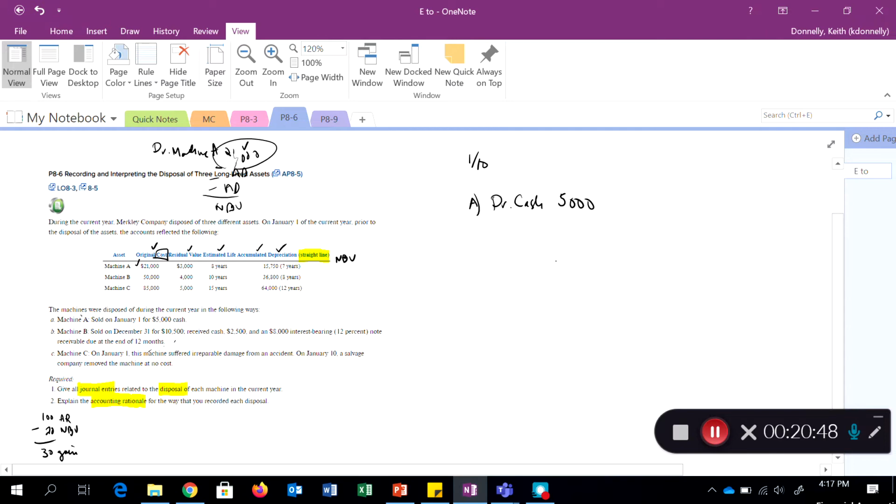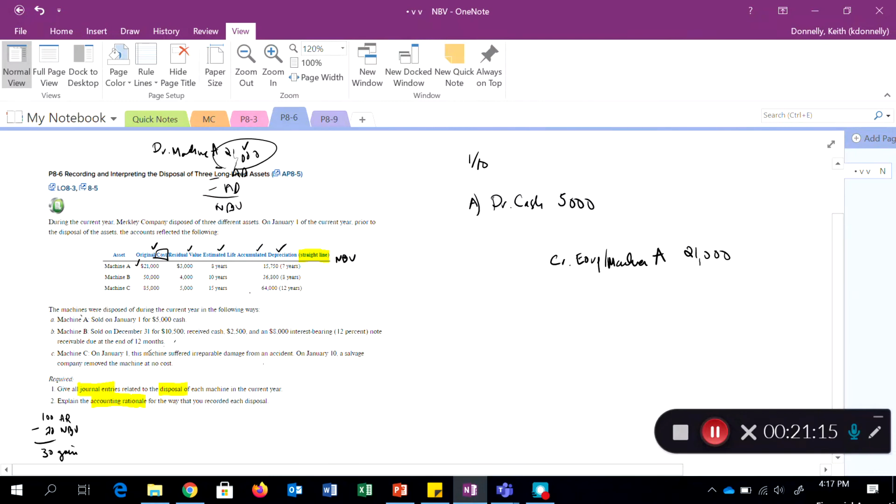Why do I say all of this? We sold this machine, so we don't have it anymore. When we bought it, we debited it. Now we have less machine, so we're going to credit equipment, or machine A, for $21,000.